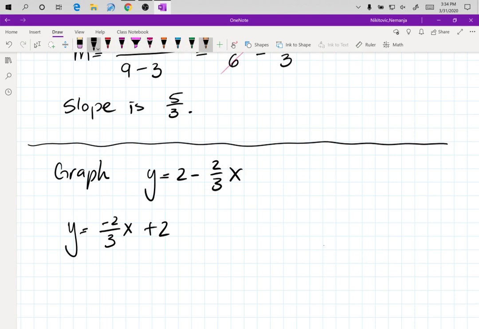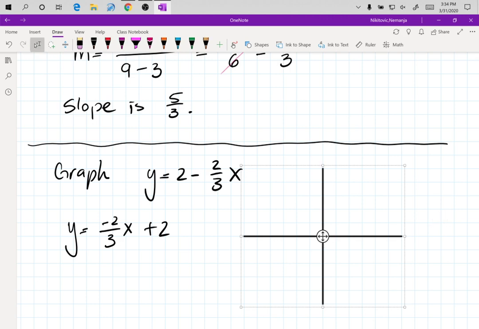So we again draw the coordinate system, and put x and the y, positive 2, then we go 2 units down and 3 units over. So they go through 2 and 3 on axes.